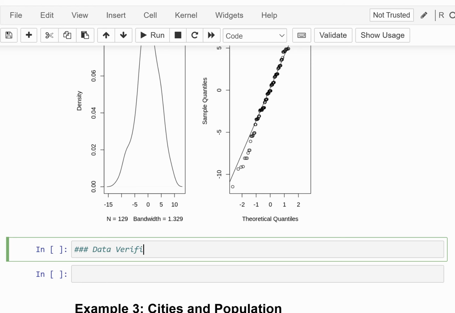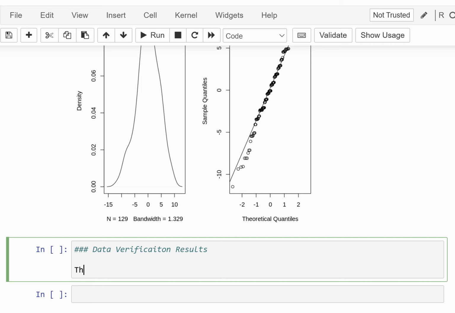So data verification results, right? These data are appropriate for Anova procedures, right?